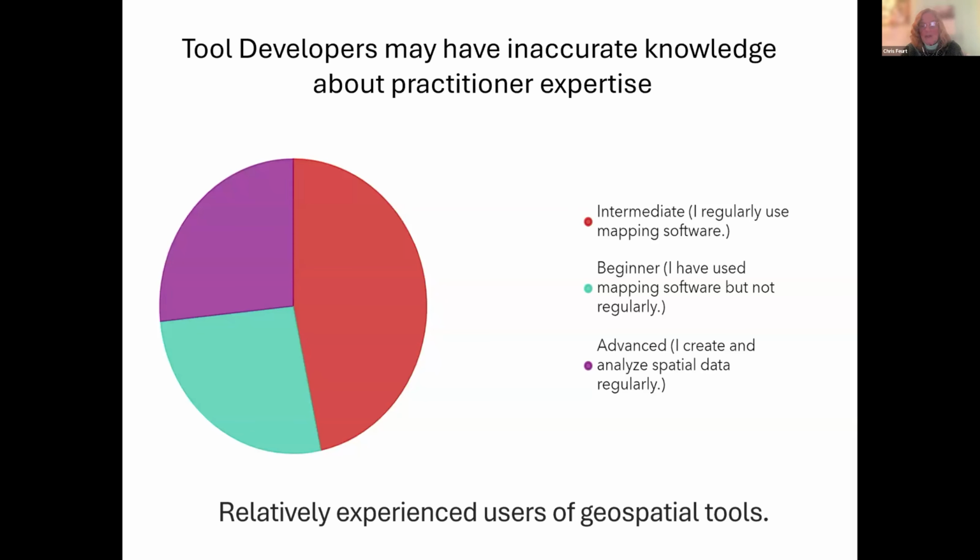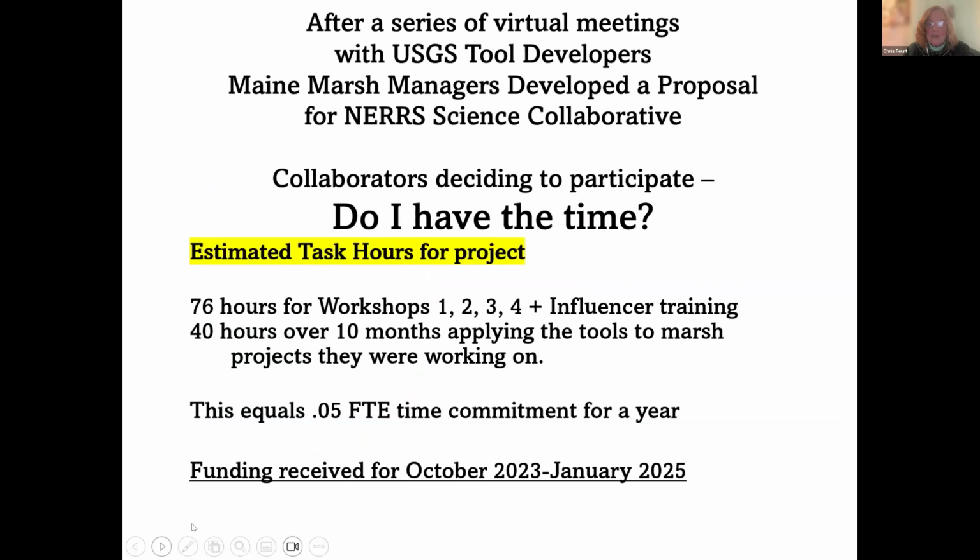When we asked about experience with tools, for the people that were working on the project, most had intermediate or advanced. And beginner knowledge, we didn't discourage it, but we knew that geospatial tools can be hard to use. We just let people know that if they didn't have intermediate or advanced skills, we'd work with them and they'd be part of a team as long as someone else on the team had more advanced skills.